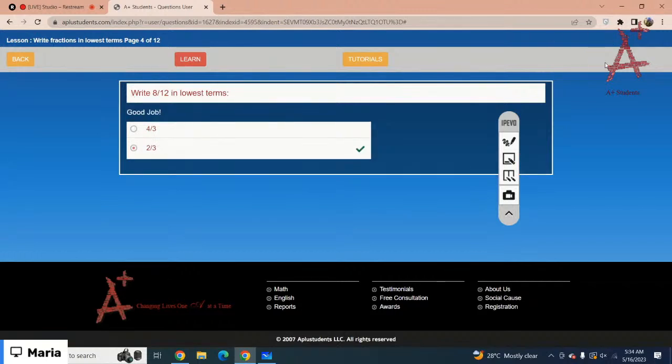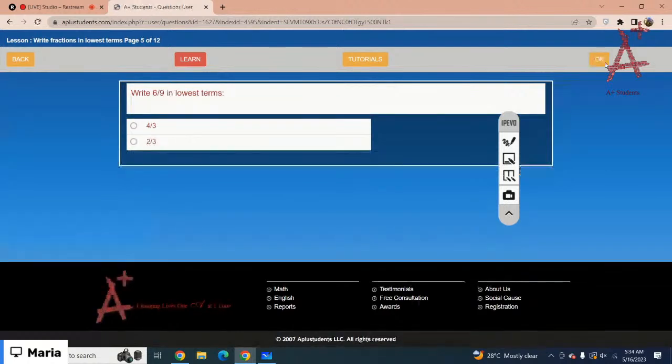It would be 2 over 3. Write 6 by 9 in lowest form. So which is the correct option? Yes, that would be 2 over 3. Very good.